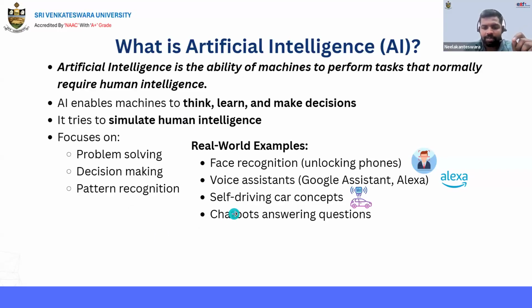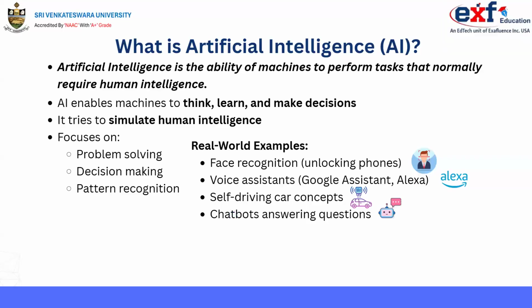And take chatbots for answering questions. In a banking application, for example, they can provide a chatbot. If you have any questions, doubts, or queries regarding any application or situation, you can ask and it can clarify your doubts. And not only these chatbots, ChatGPT is also a chatbot like that.